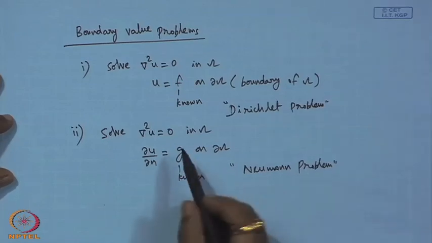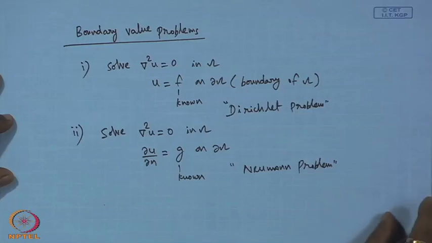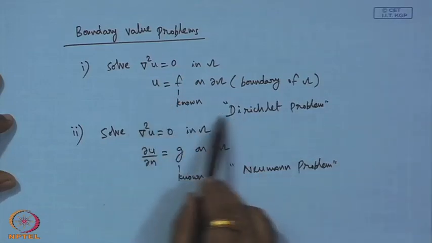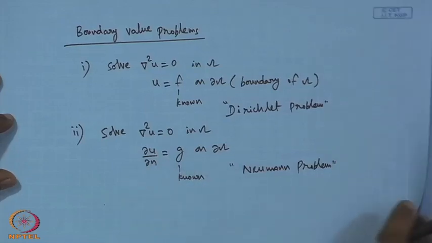That means when you have a domain, with the function prescribed on the boundary, this is the Dirichlet problem; with the normal derivative prescribed on the boundary, it is the Neumann problem.